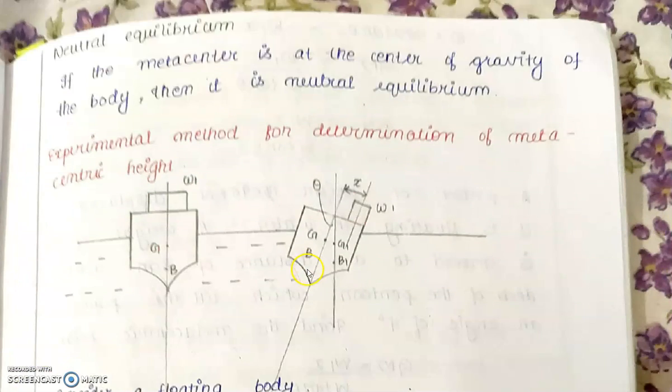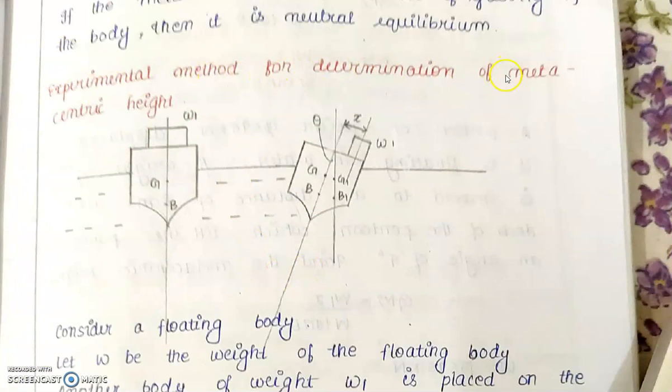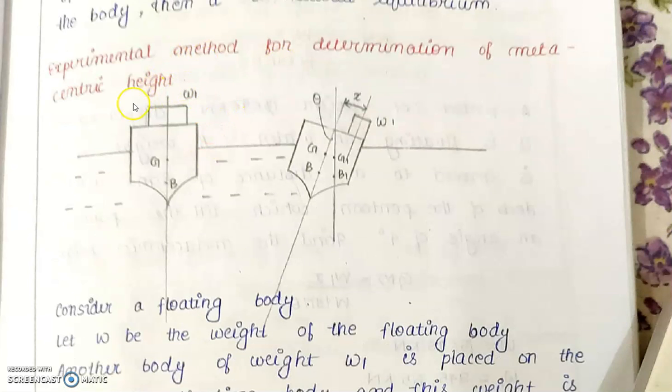So next is the experimental method for determination of the metacenter. In the previous video we found how to find it analytically, and this is the experimental method. So consider a body like this.